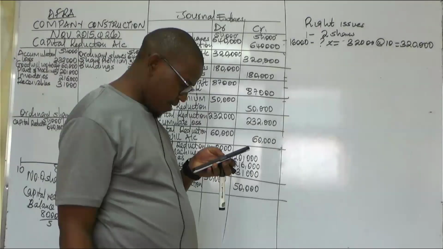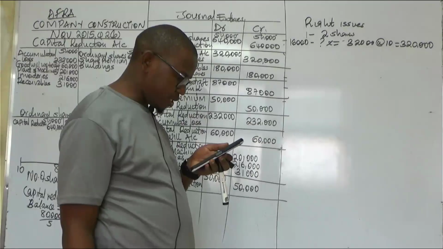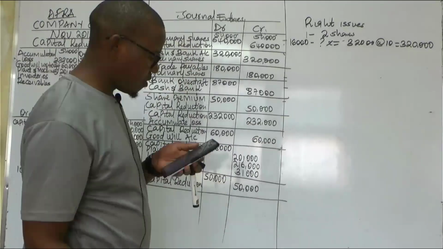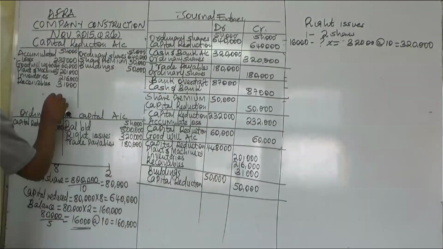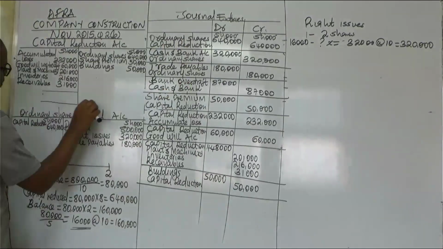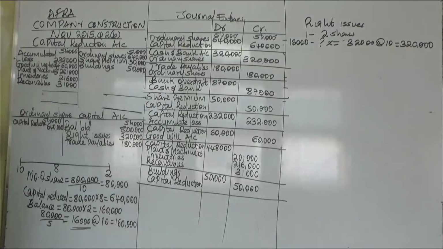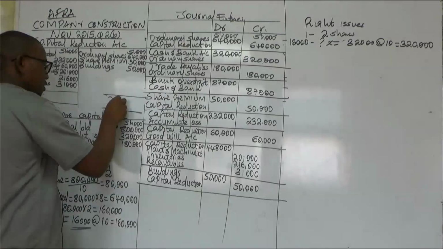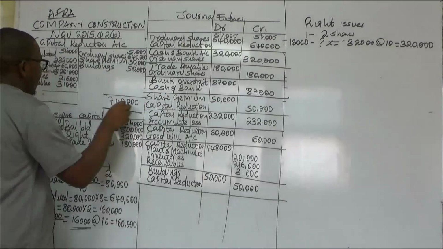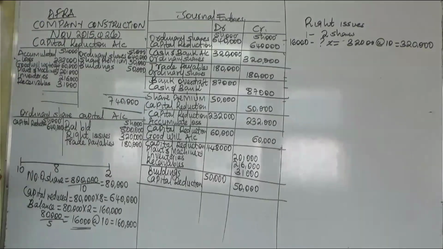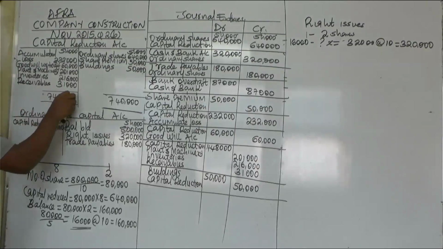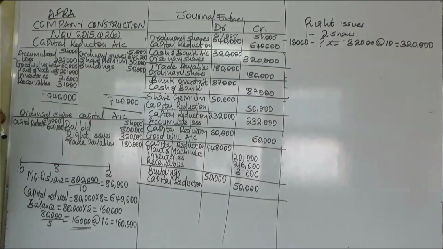A group, there is no other information that is necessary. So you can now balance. Balance here. What is the total? It is 740. What about this one? Also 740. Ordinary share.